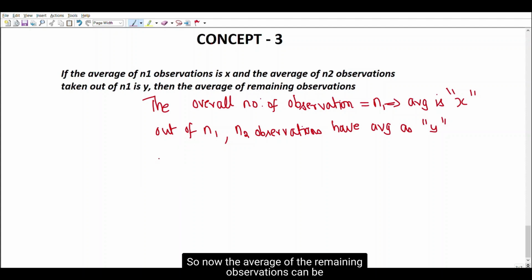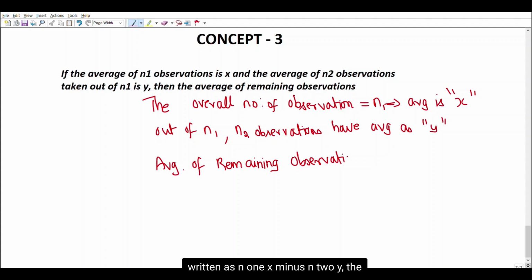So now the average of the remaining observations can be written as n1x minus n2y the whole divided by n1 minus n2.